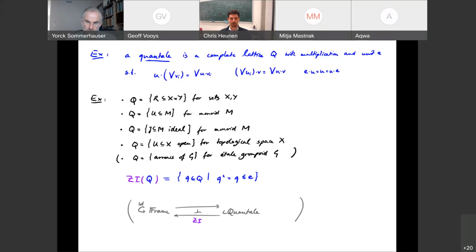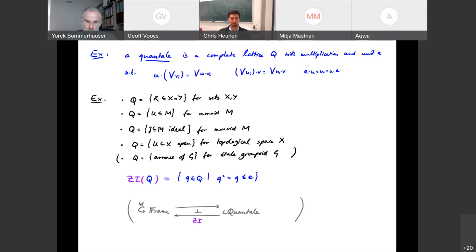And in fact, we'll see a lot more about this example in the next lecture. This is what's called a frame, sort of a commutative quantale, if you like, a quantale with some extra special properties. And again, at the bottom of the slide here in gray, I'll say some things for people that have heard about this, but the rest can just forget. Every frame is a commutative quantale.